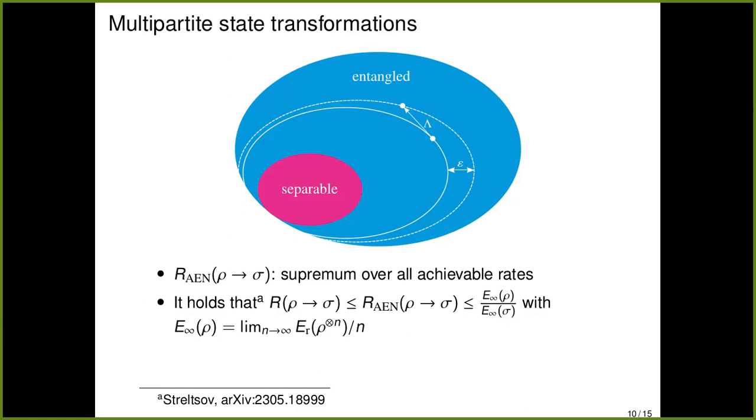For any two entangled states, it's upper bounded by the fraction of the regularized relative entropies. This means that this setting fulfills at least the basic assumption that I was mentioning a few minutes ago, that the rates are bounded. So it leads to a non-trivial theory, where entanglement has a meaning because the rates are bounded.